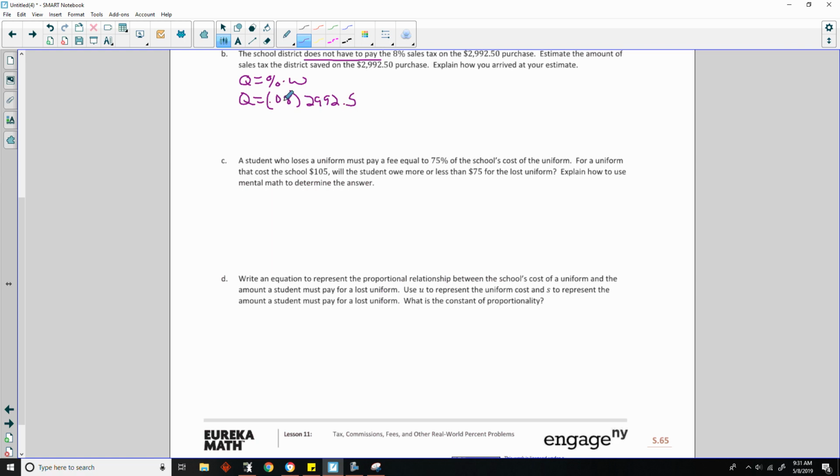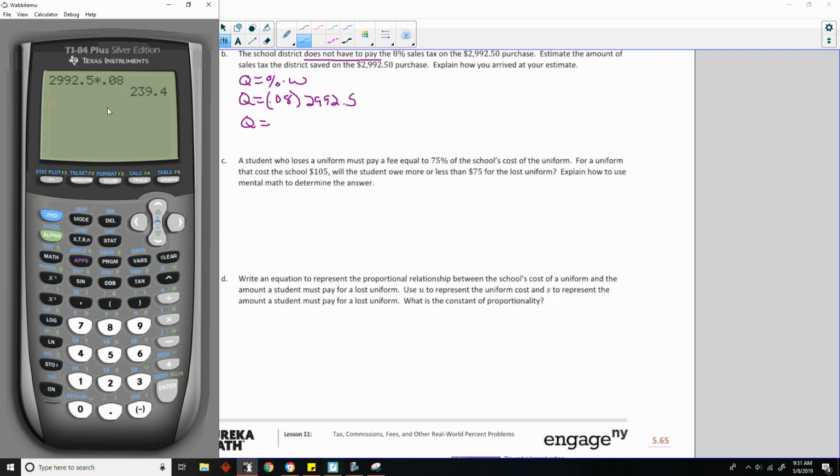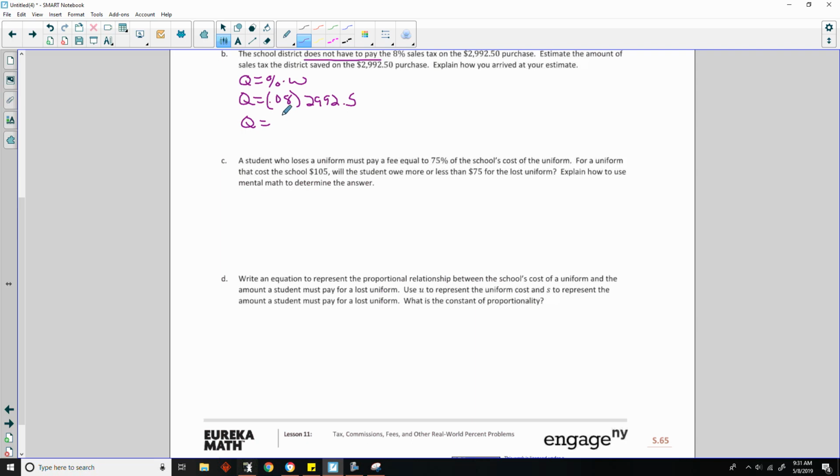So I'm going to multiply 0.08 times $2,992.50 to get the cost, our Q, cost with tax included. So if I get my calculator out, $2,992.50 times 0.08 is $239.40. That is how much the district saved in taxes since they don't have to pay tax.